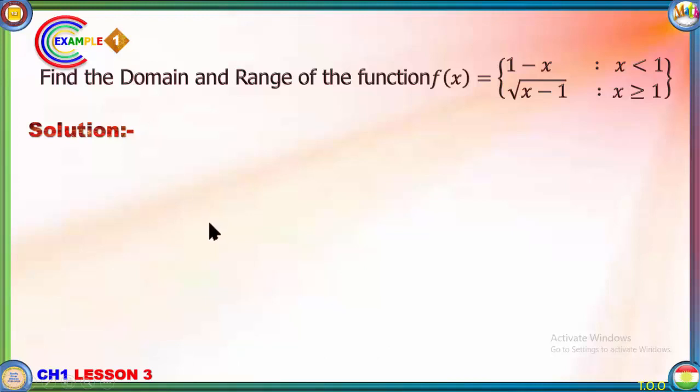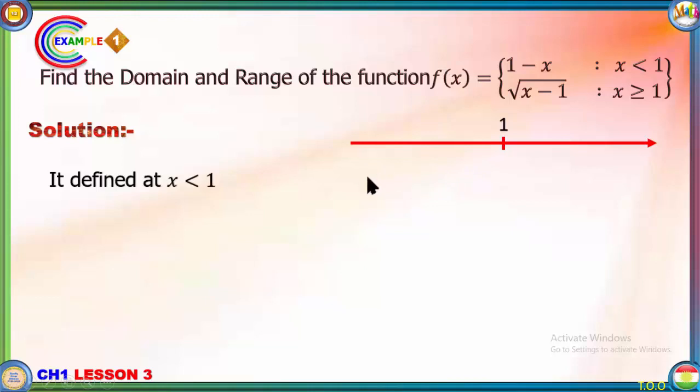Example number 1. Find the domain and the range of the function f(x) equals 1 minus x when x is less than 1, and square root of x minus 1 when x is bigger or equal to 1. As you can see, the function is supplied in two parts.